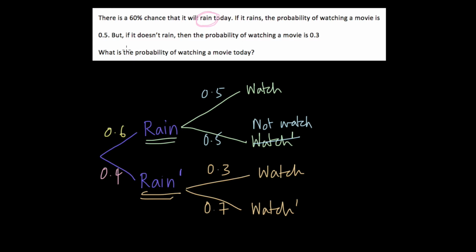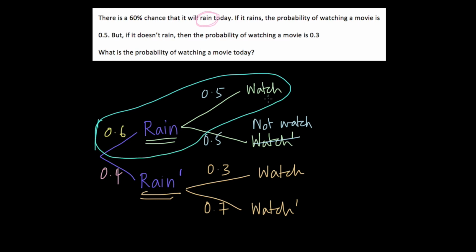The question is, what is the probability of watching a movie today? We don't care about the specific cases of it raining or not. We want to know the overall probability of watching a movie. So it could either rain and you watch a movie, or it doesn't rain and you watch a movie.